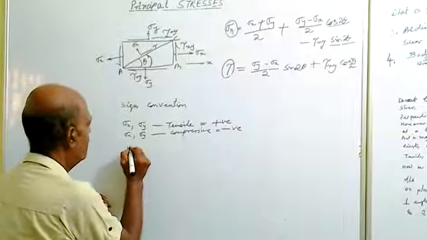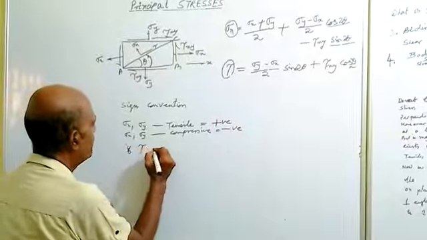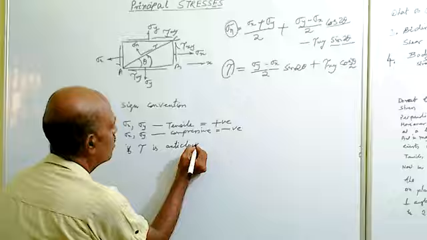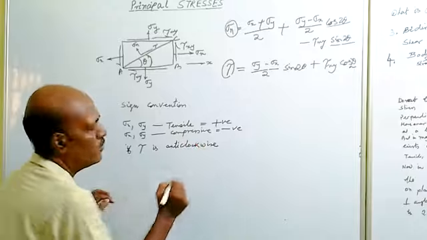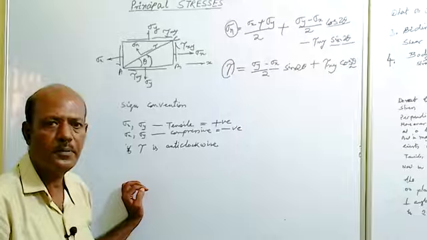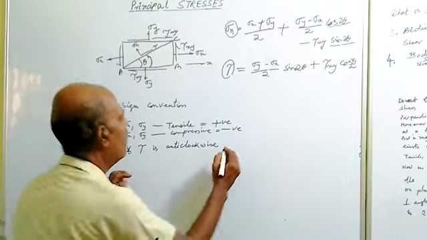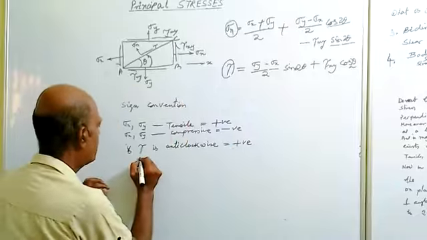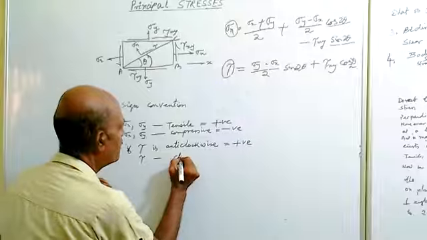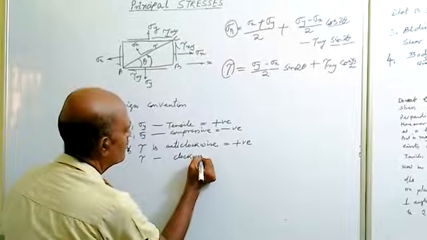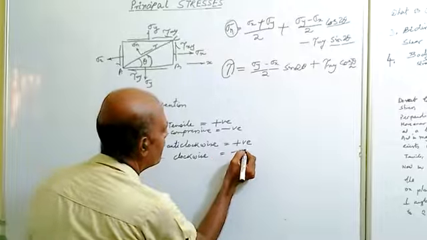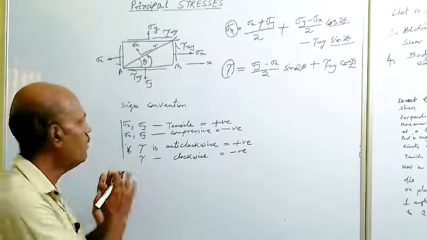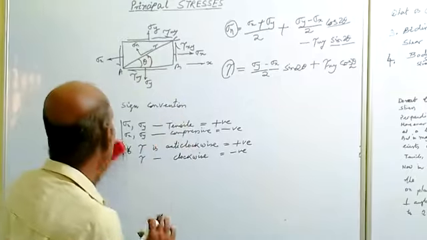Similarly, if tau is anti-clockwise on any plane, whether on the x plane or the y plane, we will take it as positive as per our convention, and if tau is clockwise, we will take it as negative. So, this is the sign convention we have to remember. Then we will go for various cases.